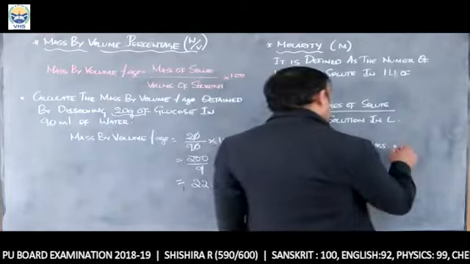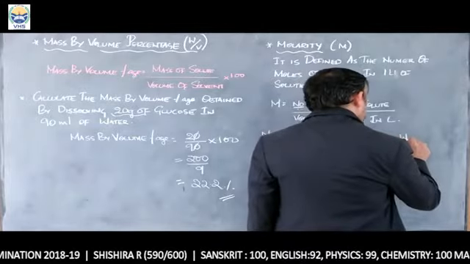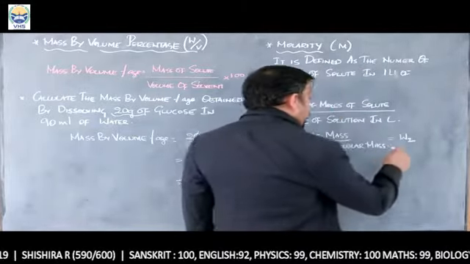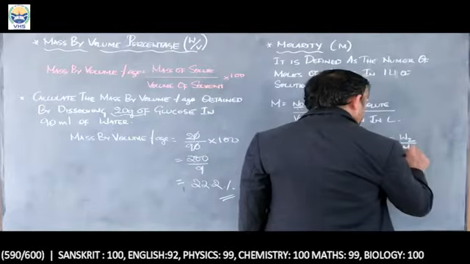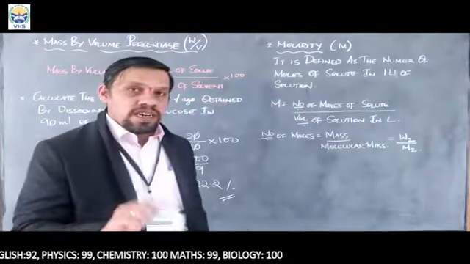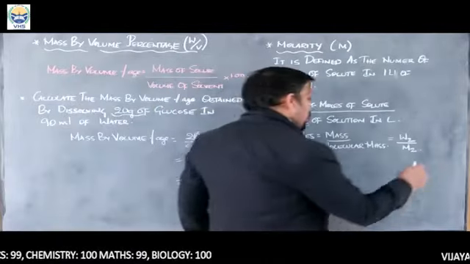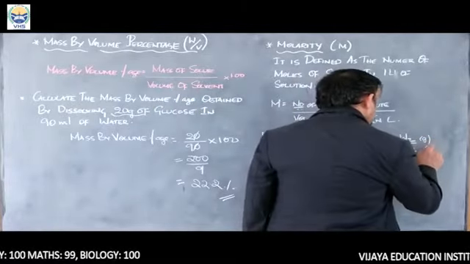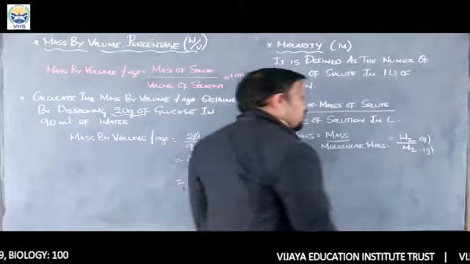Let me represent the mass as W2 and molecular mass as M2. Both will be in grams. So W2 will be in grams, and this will also be in grams.